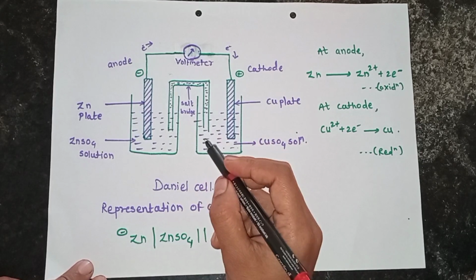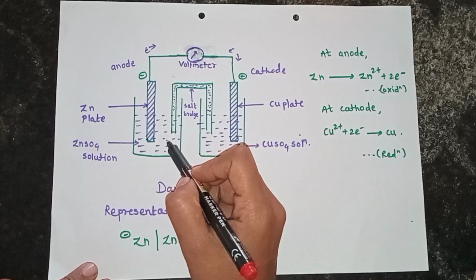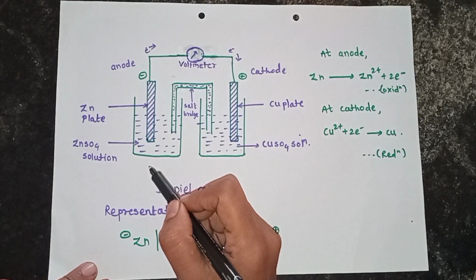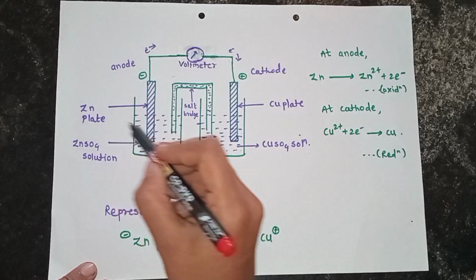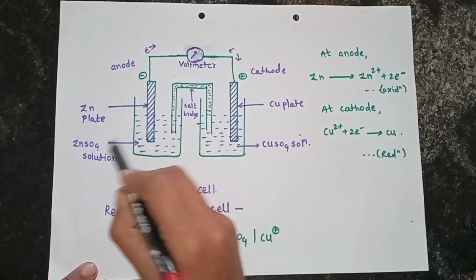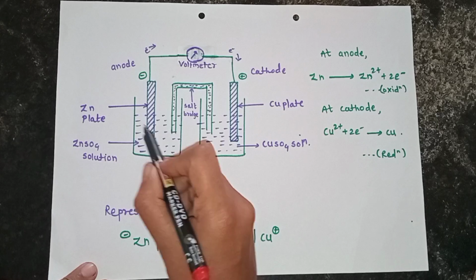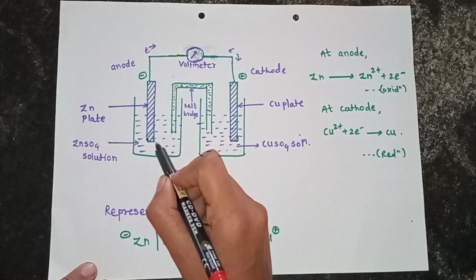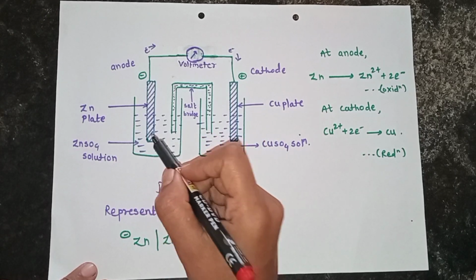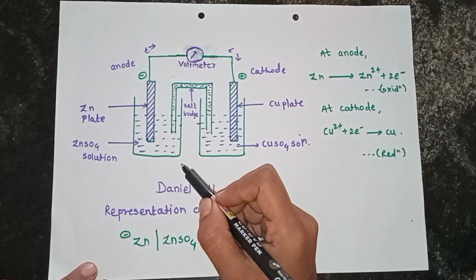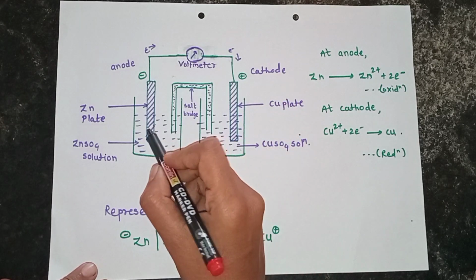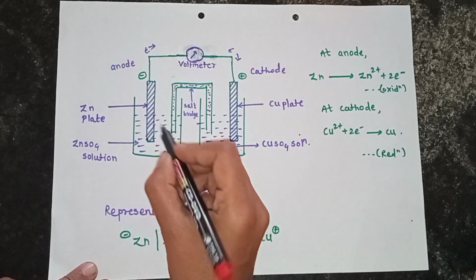When the electrochemical reactions are carried out, zinc metal has a greater tendency to ionize in the solution because it is higher in the electrochemical series. That is why zinc gets ionized in the solution.